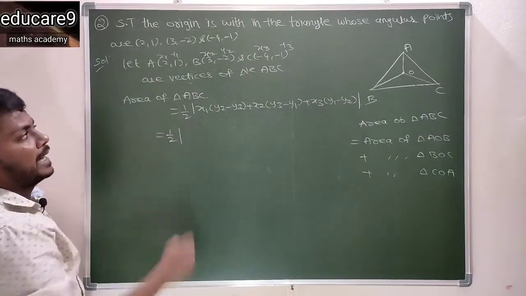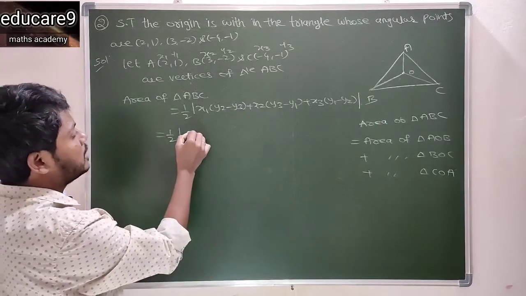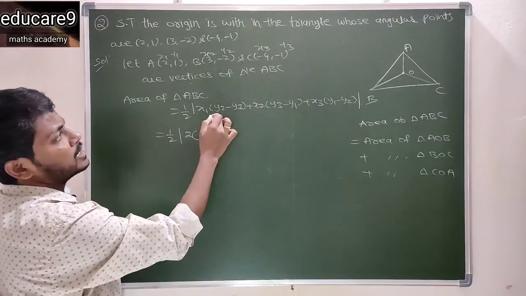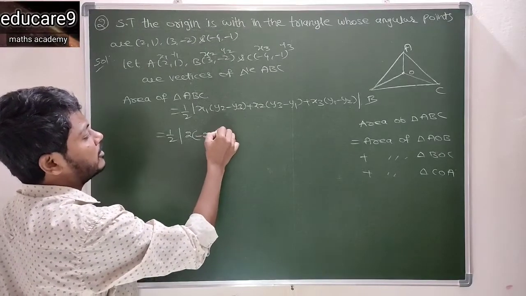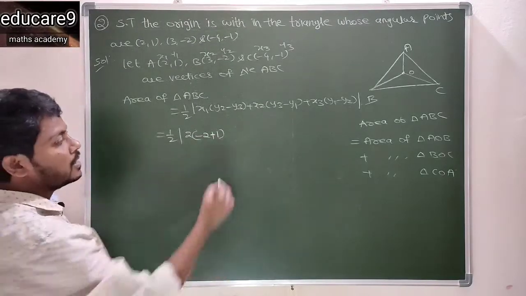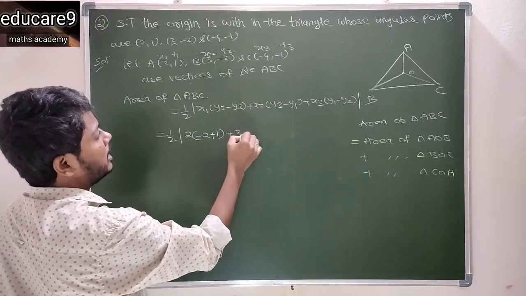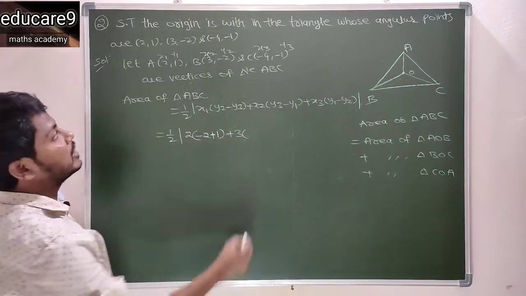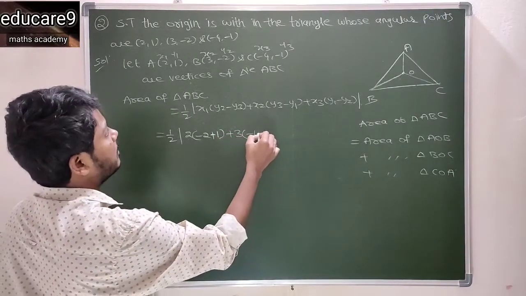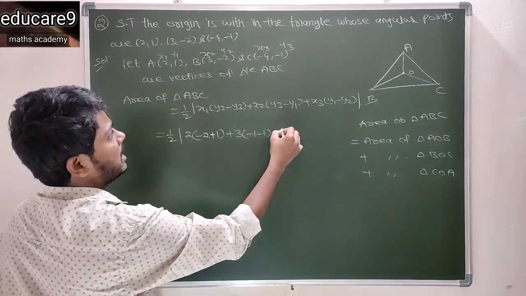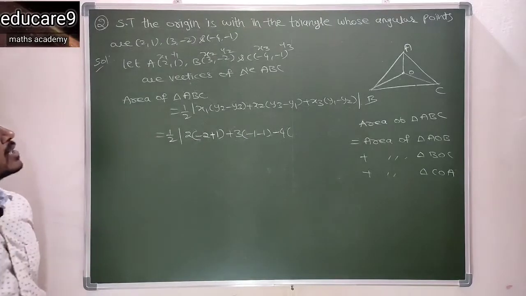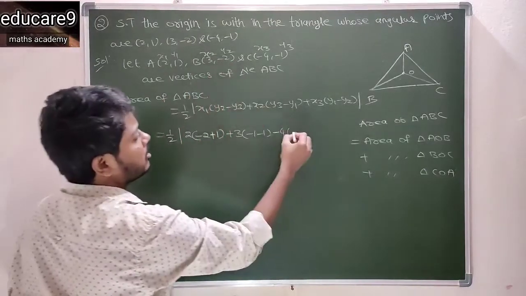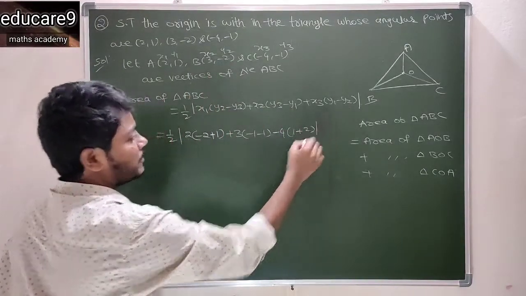Half into x1, that is 2, (y2 minus y3), that is minus 2 minus (minus 1), you will get plus 1, plus x2, 3, into (y3 minus y1), so minus 1 minus 1, plus x3, that is minus 4, into (y1 minus y2), so 1 minus (minus 2), you will get 1 plus 2.